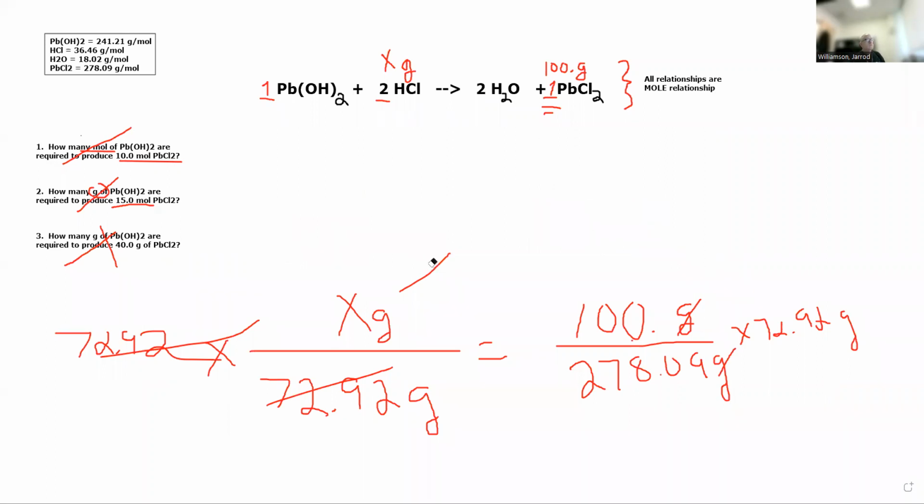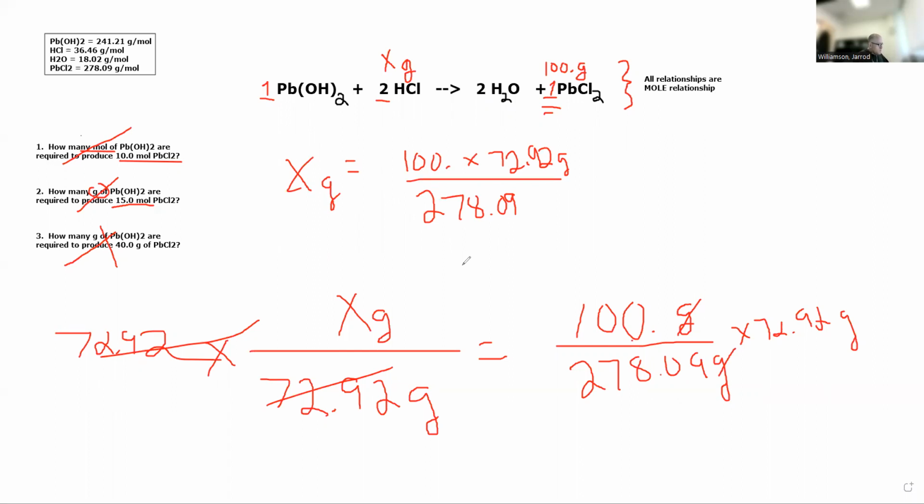And I will have X grams is equal to 100 times 72.92 grams over 278.09.